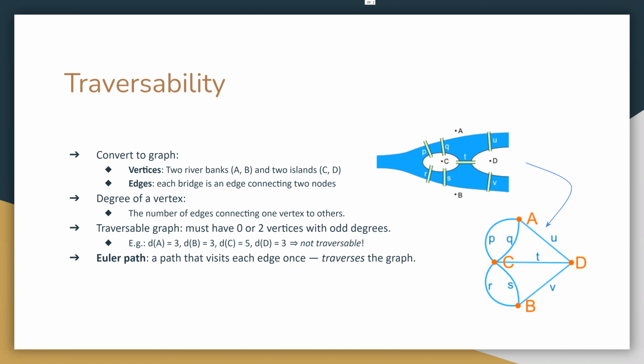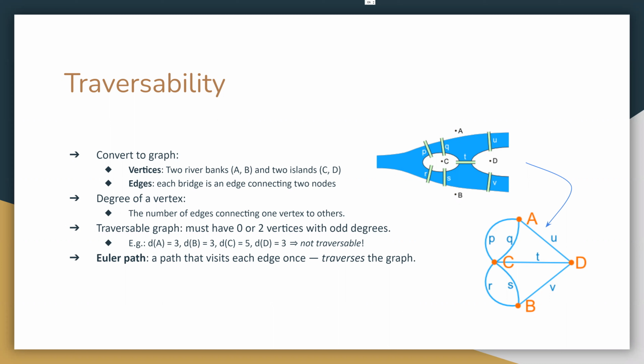So if you look at this landmass A as a node in this graph, how big the land is doesn't really matter for this particular question. As long as you cross the bridge into A, you're in that spot.